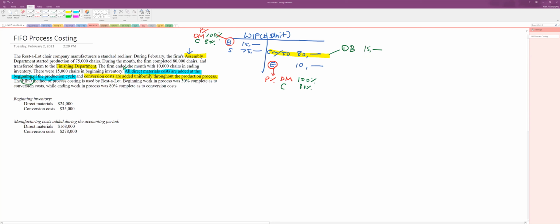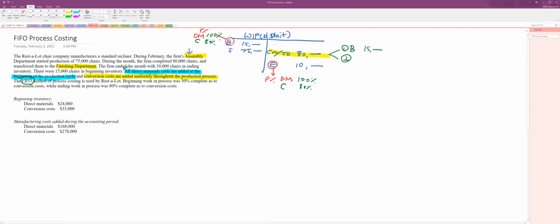Until you finish up those 15,000 unfinished goods from the beginning inventory, you are not allowed to start new jobs, 75,000. Those 75,000 new jobs are only started once you complete this 15,000, right? So because I need to complete this beginning balance first, 15,000, then once you finish those, you're ready to move to the new job, 75,000. However, I know that there are only 80,000 goods completed this month.